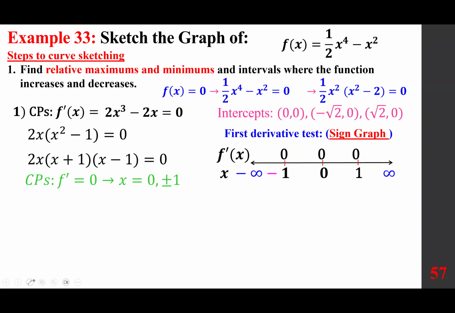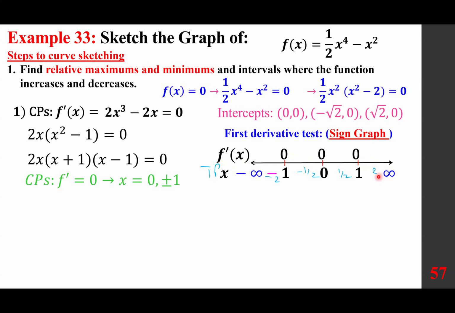So as far as TP is concerned, what would you pick as a TP to the left of, let's say, -1? It would be -2. Between -1 and 0, let's say -1/2. Between 0 and 1, the test point would be 1/2. Beyond 1, let's say, is 2. But like I said, you don't have to check each and every one of them. Just check one of them.